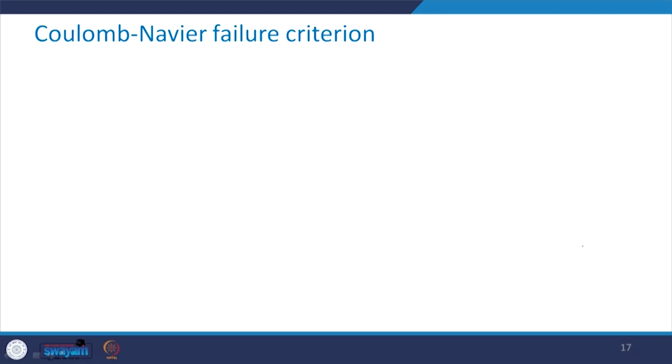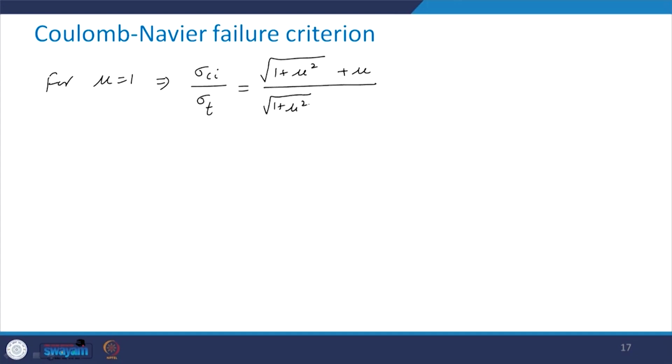Now say that mu is equal to 1. For mu equal to 1, sigma Ci upon sigma t is nothing but (square root of 1 plus mu square plus mu) divided by (square root of 1 plus mu square minus mu), and if you substitute mu equal to 1, what you get is 5.8.